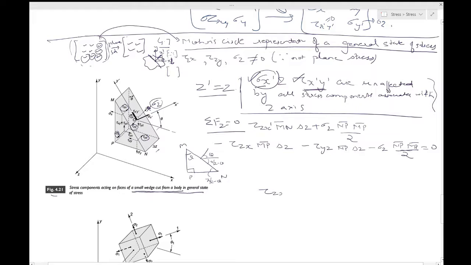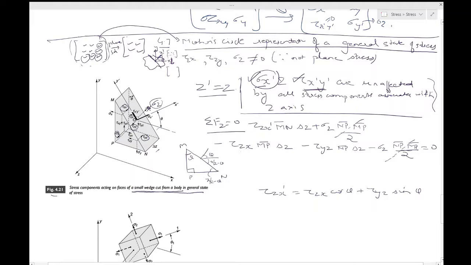The next equation is tau zx' equal to tau zx cos theta plus tau yz sin theta. I think the best way is to divide both sides by MN delta z. First, this gets cancelled with this because they are equal.